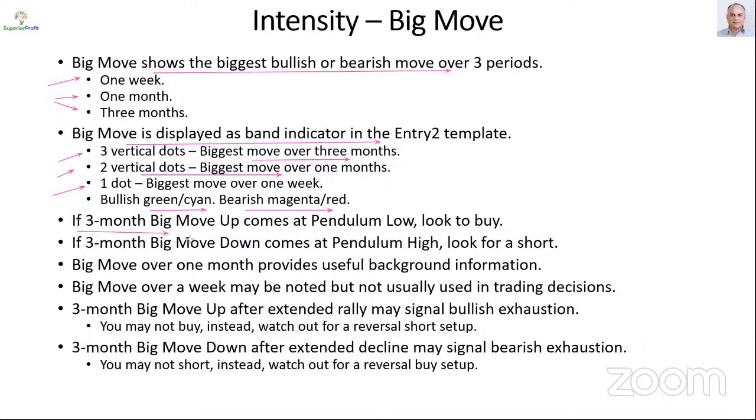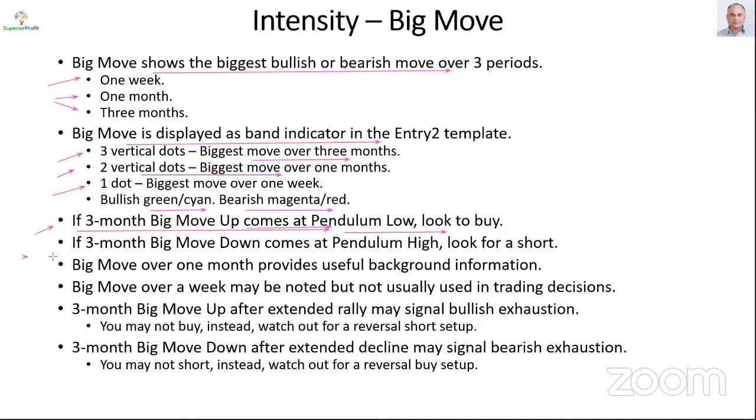If a 3-month big move up comes at pendulum low, look to buy. Very, very powerful signal. And if that comes with reversal, even better. But in terms of intensity, a 3-month big move up at pendulum low is a very, very useful signal to look to buy.